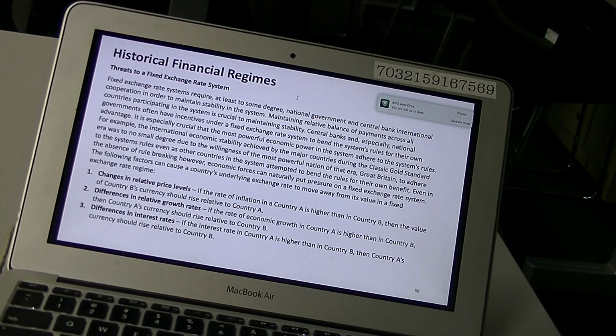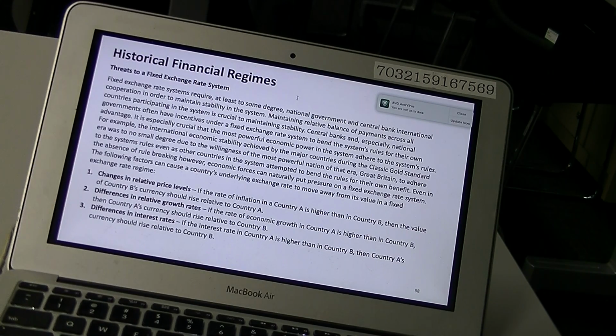Why? Because if currency rates are fixed and interest rates are higher in country A, I want to get country A's currency and buy that instrument, because I can get a higher return.